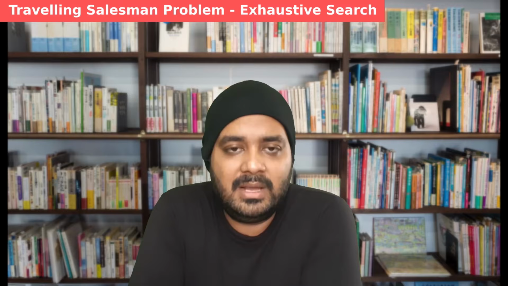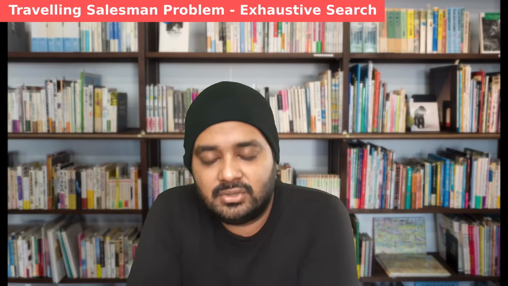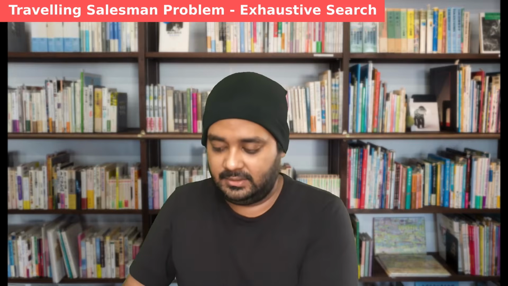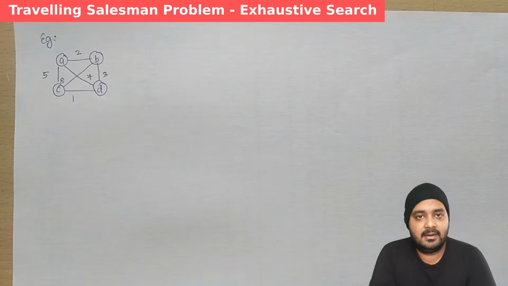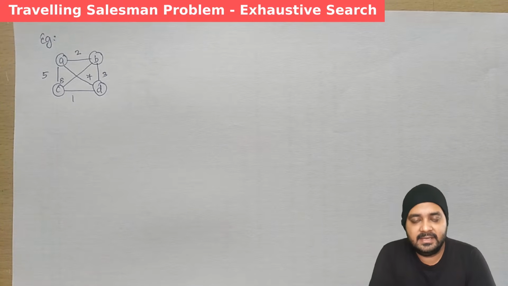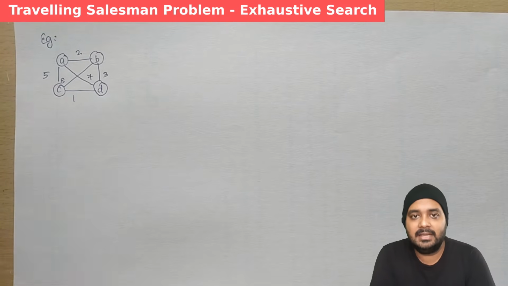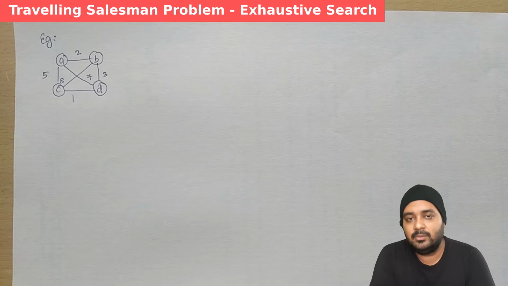We are going to look at it with the help of the exhaustive search method, so let us consider an example. This is an undirected weighted graph. We have to start traversing from any one of the nodes, traverse each and every node, and then get back to the node which we started from.